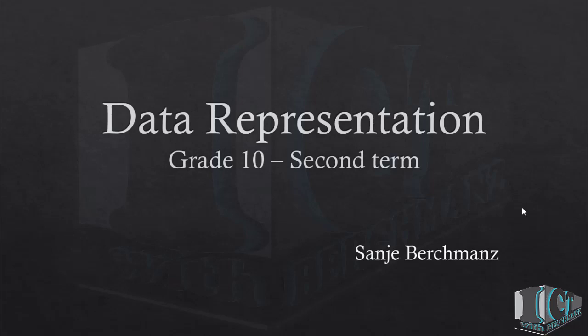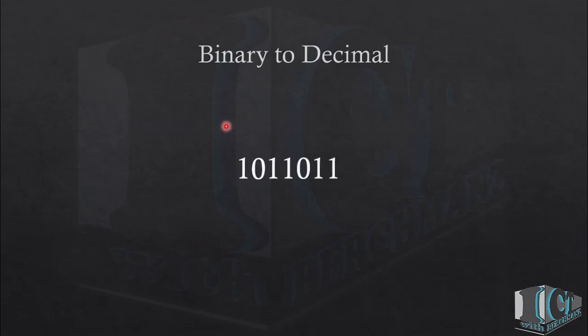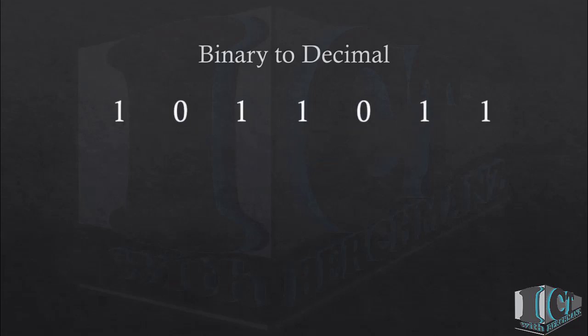So let's start with a binary to decimal conversion. Let's look at this binary number, 101101. Now I need to convert this binary number into a decimal value. For that I will first spread out these numbers because we need some space to write the values in between.